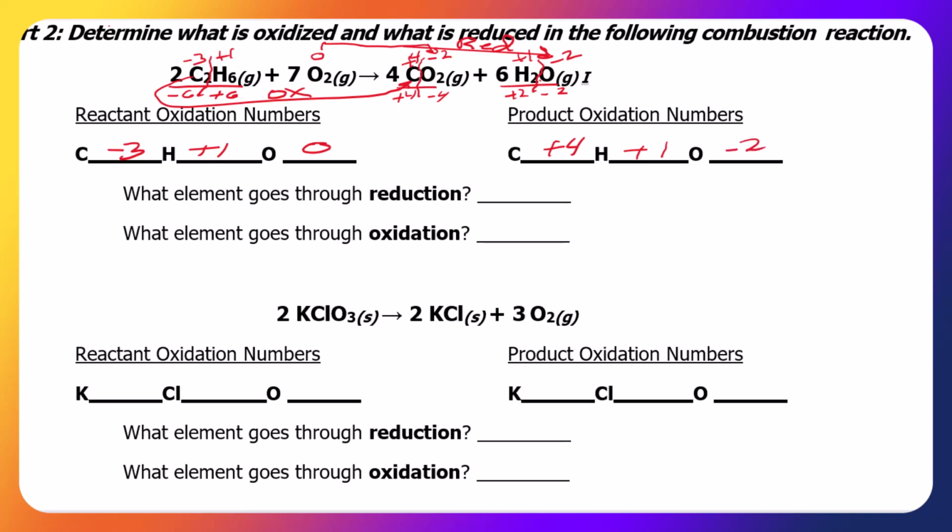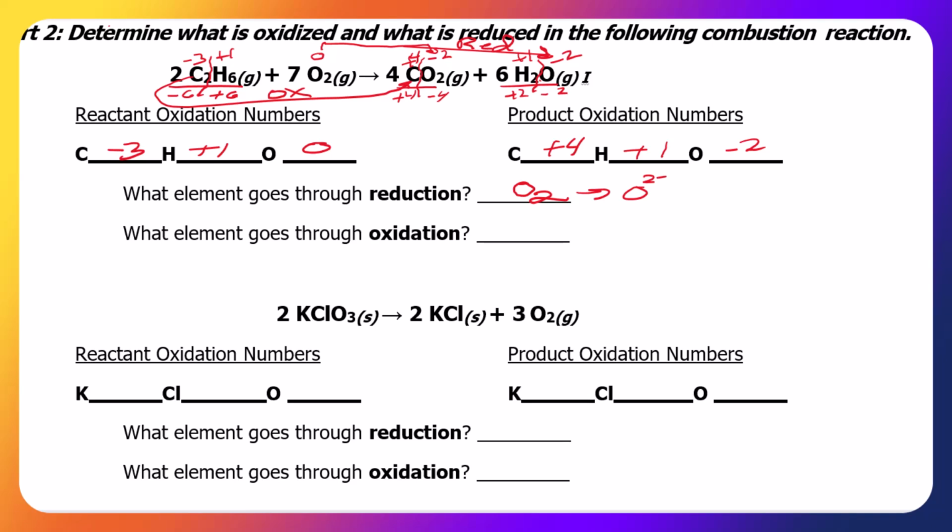So what element goes through reduction? We figured out that the oxygen on the reactant side gained 2 electrons, which we can see by looking at the product side. So oxygen, or O2, actually was reduced. It was reduced to oxygen with a -2 charge, okay?